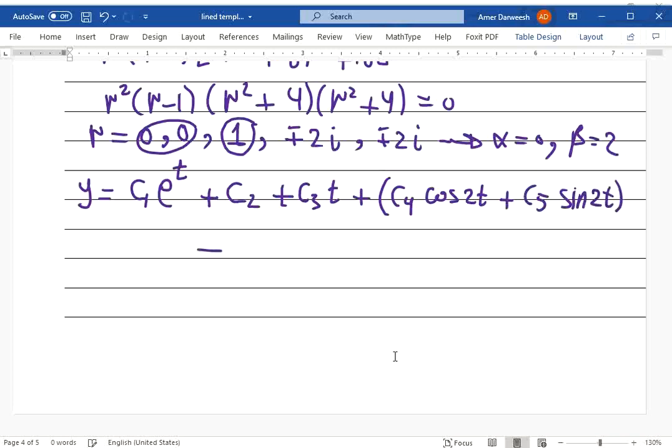Now finally, the repeated complex roots I can multiply by t and continue with constants, c6 cosine 2t plus c7 sine 2t. So here's the general solution. As you see here, we have one distinct real root, two repeated real roots, and two repeated conjugate complex roots.